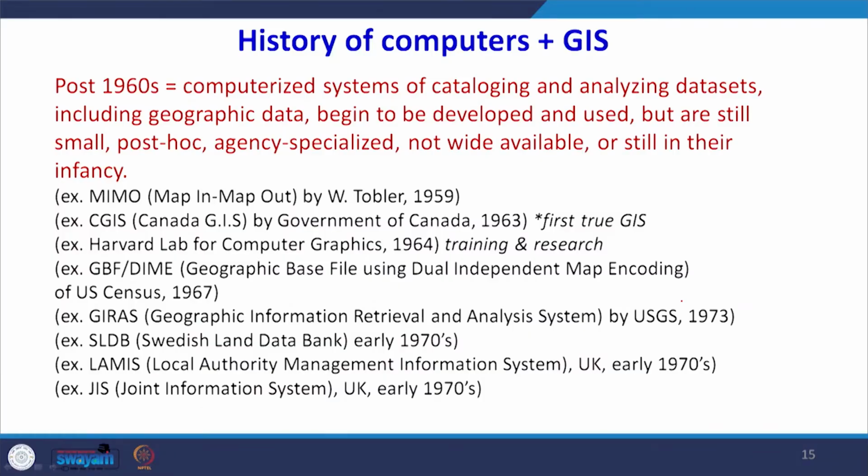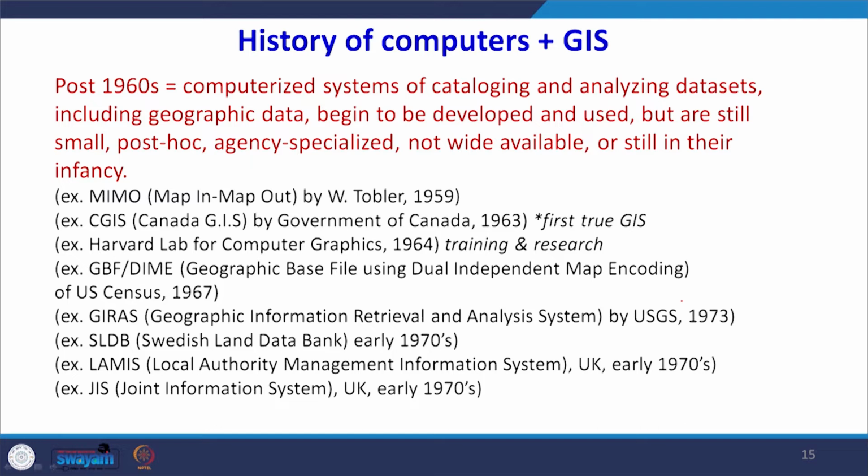If we look at the history of computers and subsequently GIS based mapping, in the post 1960s, the computerized system of cataloging the data and analyzing the data sets came. So we have to catalog the data, because if it is huge data, then searching from that data was not very easy traditionally.